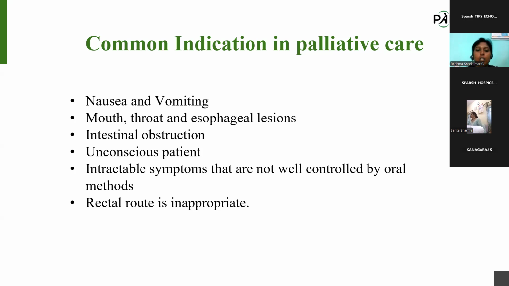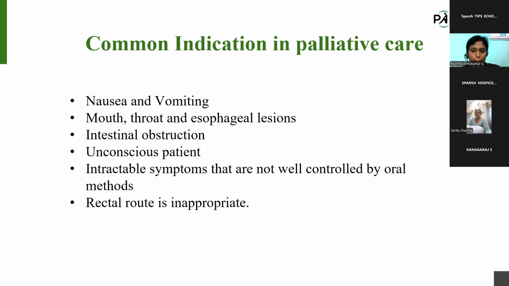Then the rectal route is inappropriate. We already said in nausea and vomiting, most of our palliative care patients are undergoing chemotherapy and radiation. And we also know if the patient is on morphine and experiencing severe vomiting, at that time they can't take it orally. If the patient is in home care, what we will advise is they can take the same dose of morphine per rectally.